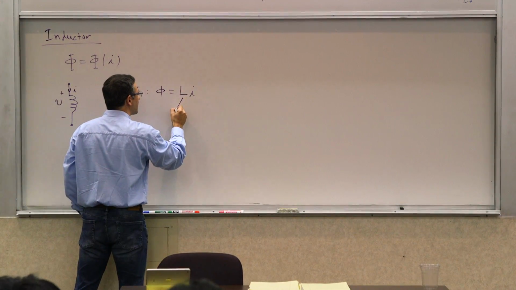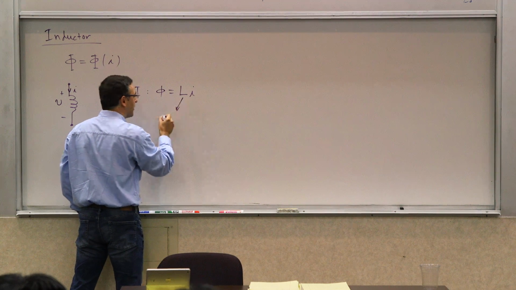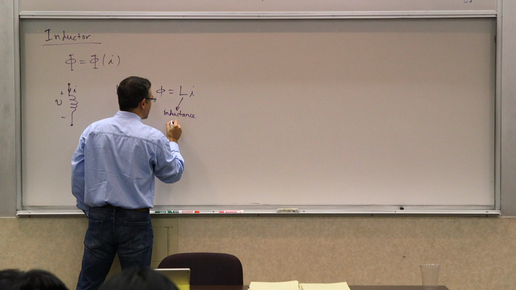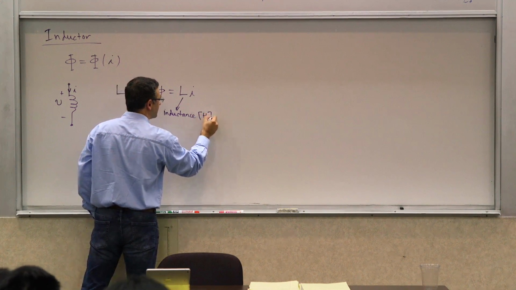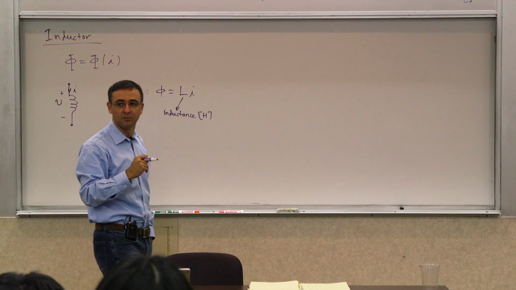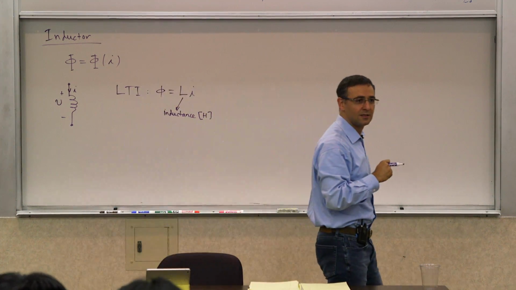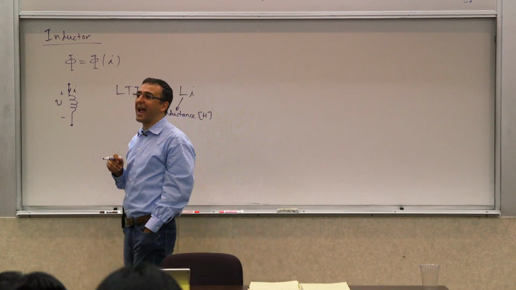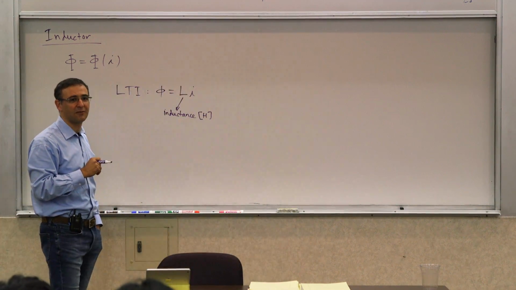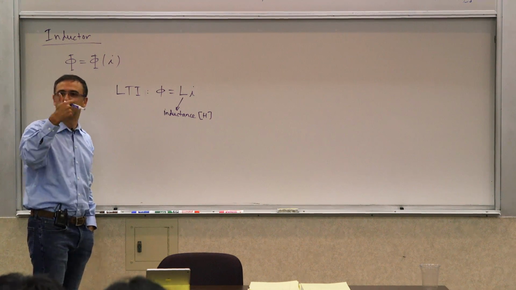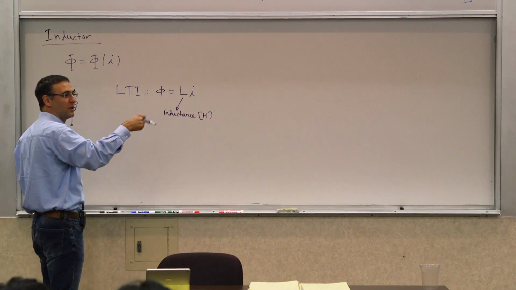Proportionality constant is called inductance, and it's measured in units of Henry, which is also a rather large unit for the typical components you deal with. For typical components, probably not as large as a farad. Again, this is just completely rule of thumb, typical for the way we do things today.